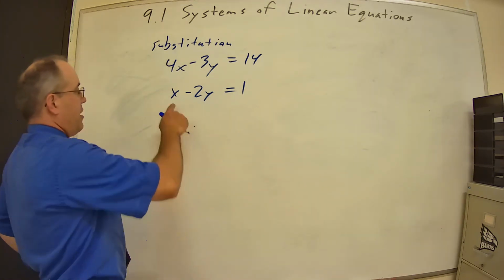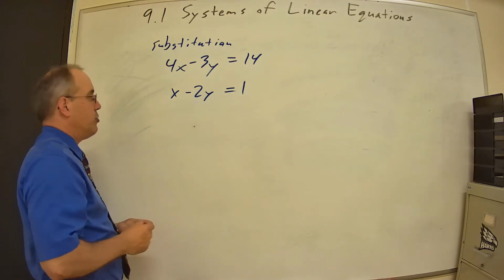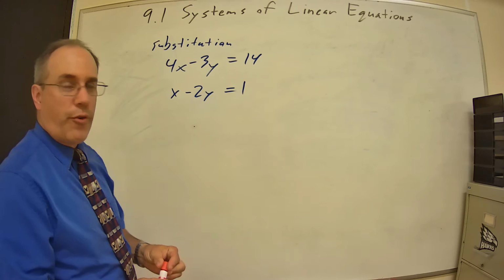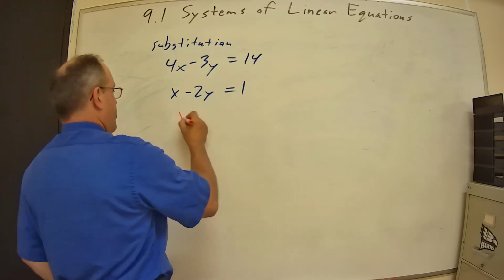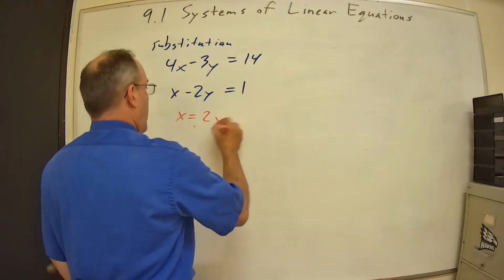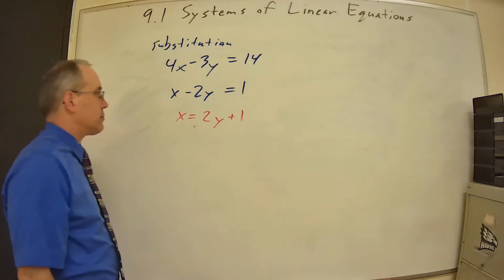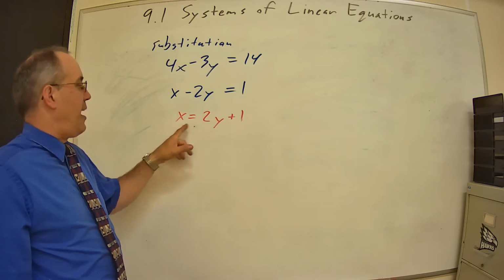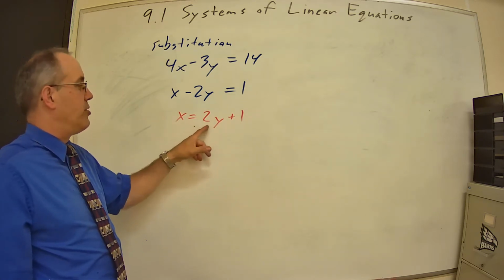In this case, I see that x minus 2y equal to 1 looks relatively easy for me to solve for x. So all I have to do is add 2y to both sides, so I have 2y plus 1. So now I have the equivalent of x written in terms of y, 2y plus 1.